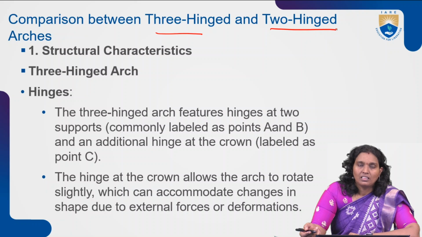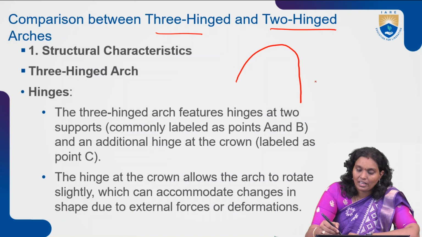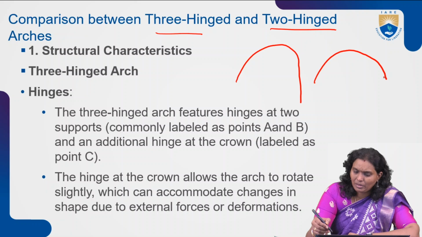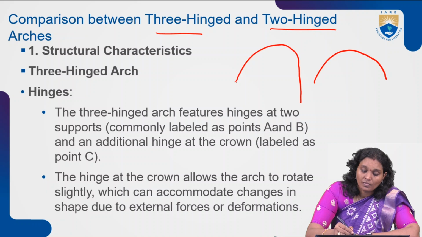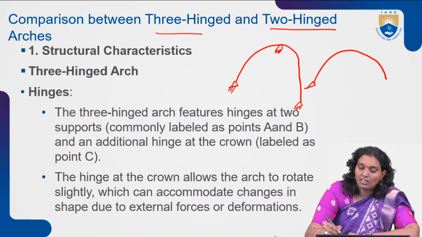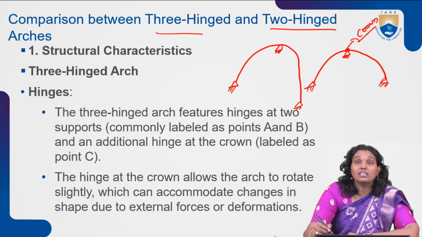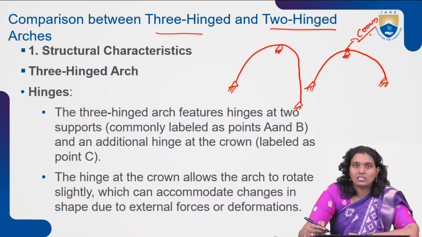Whenever 3 hinges are there, whether the arch is symmetrical or non-symmetrical, these are the hinges of a 3 hinged arch. 2 are at the end supports, and the other one is at the crown, the highest point of the arch.